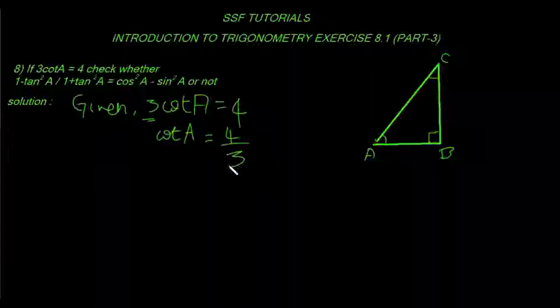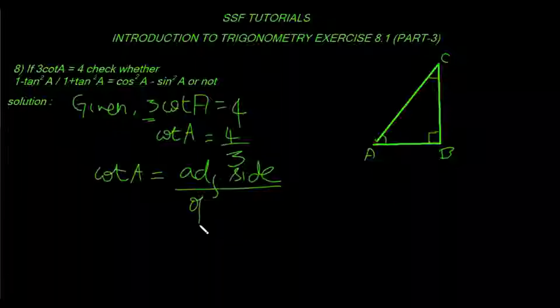The trigonometric ratio for cot A, as we know, is cot A equal to adjacent side divided by the opposite side. So we have to just see the diagram.